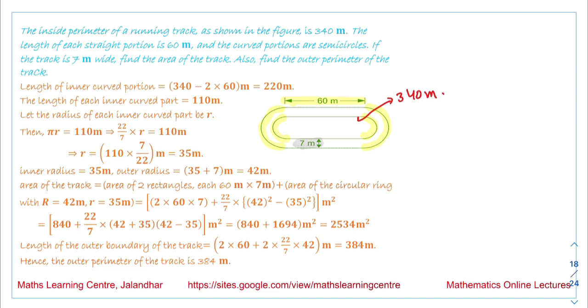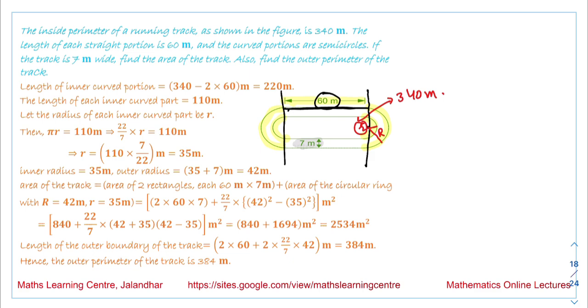So when we talk about the radius, we are talking about the two radii over here. The length of this portion is given to be 60 meters. Suppose the inner radius is small r, and the outer radius is capital R. Now the perimeter of the inner portion is given to us.